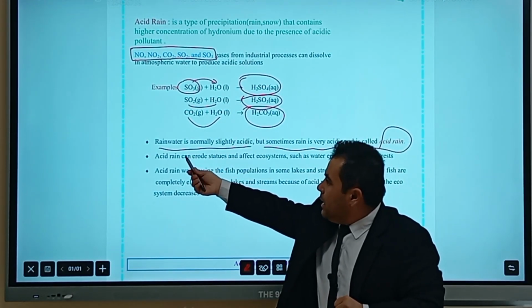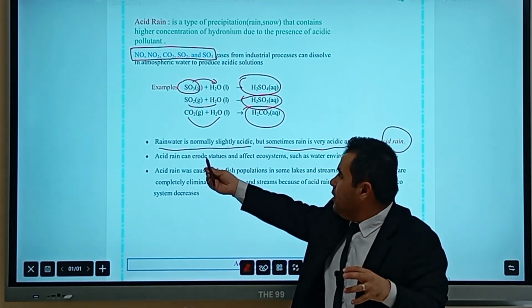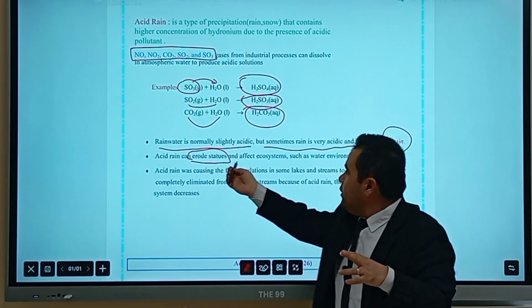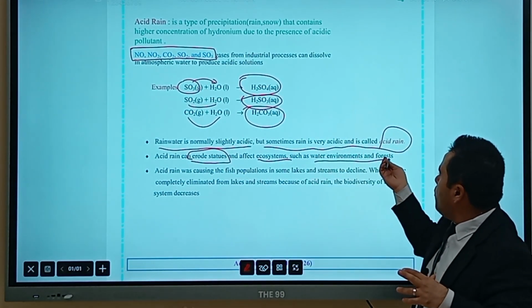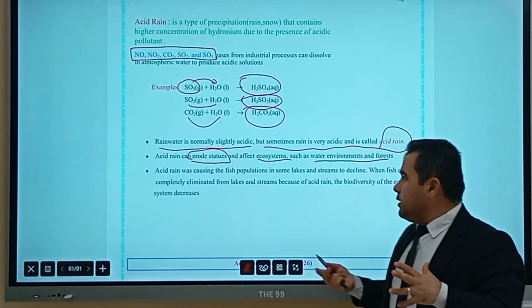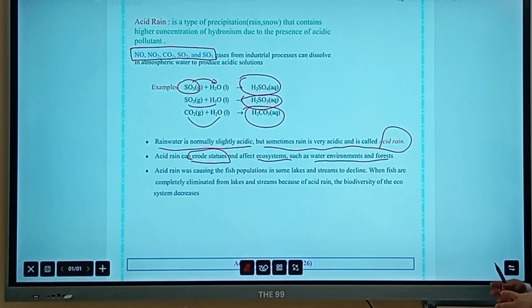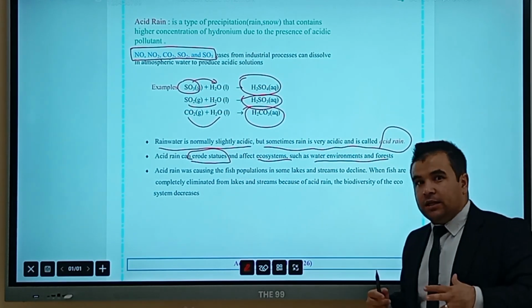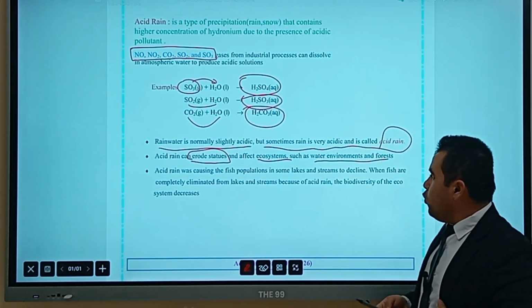It has effects on the lands and environments in general, erodes structures, and affects ecosystems such as the water environment and forests. It can burn the forests and the lands, and it can increase the acidity of the water environment.